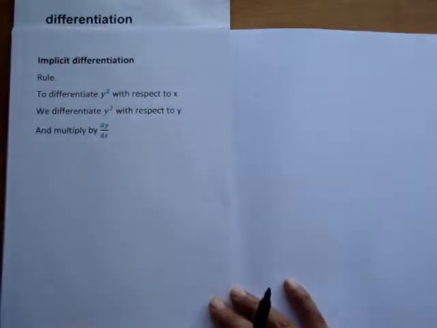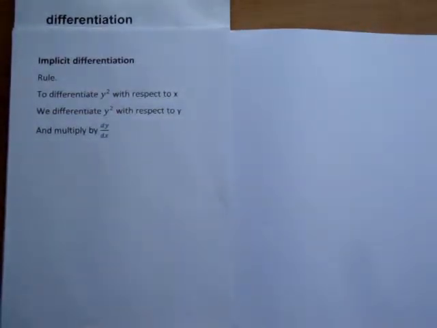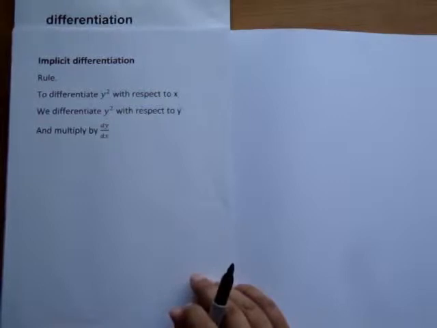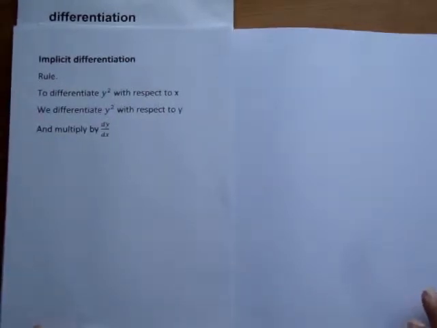So here we have the rule for implicit differentiation written out. To differentiate y squared with respect to x, we differentiate y squared with respect to y, and then we multiply by dy by dx.